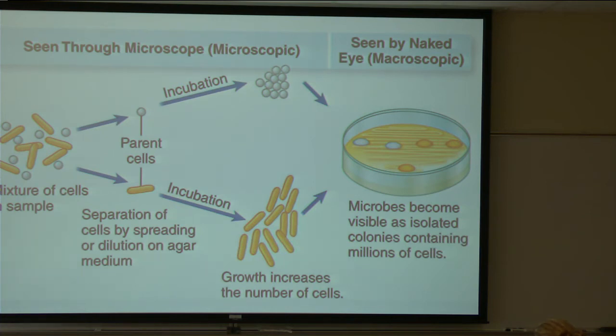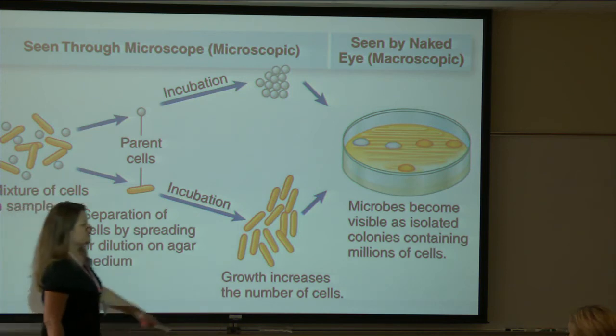All these cells all started from 1. Each one of these colonies started from 1 bacterial cell. In parentheses, I'll say the same type. That just means if this 1 bacteria was E. coli, the hundreds of thousands that grew, they're all E. coli. If this one happened to be staph, then they're all staph.